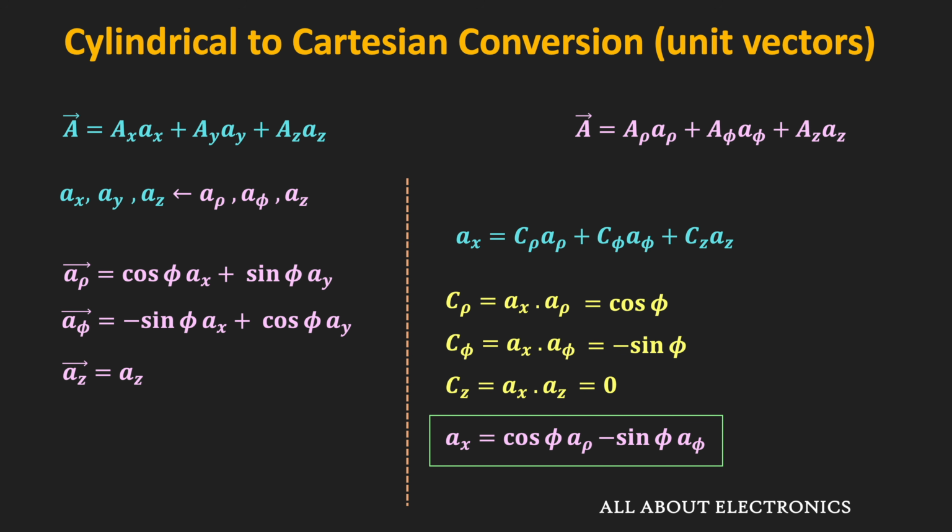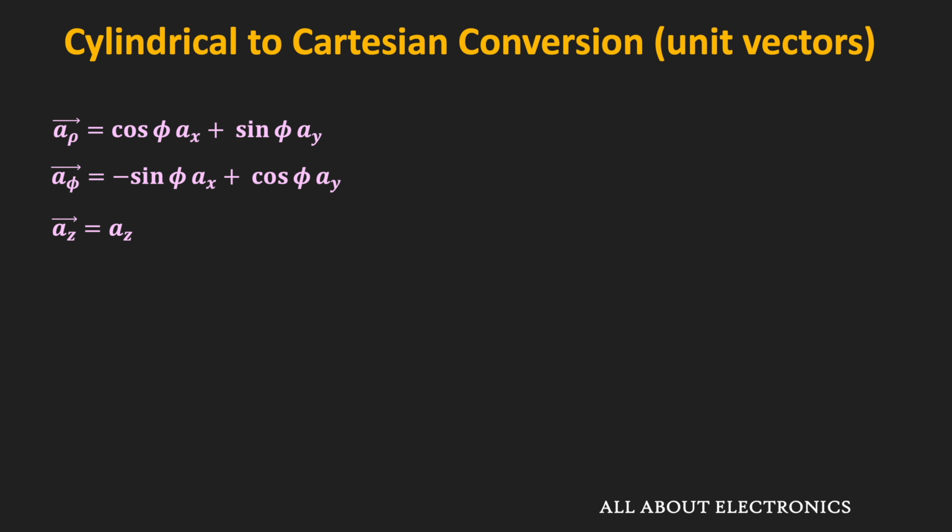So similarly, now let us find the unit vector ay. So once again, this unit vector ay can be expressed as the combination of these vectors a rho, a phi and the az. So here, this c rho is equal to ay dot a rho, and in this case, that will be equal to sin phi.